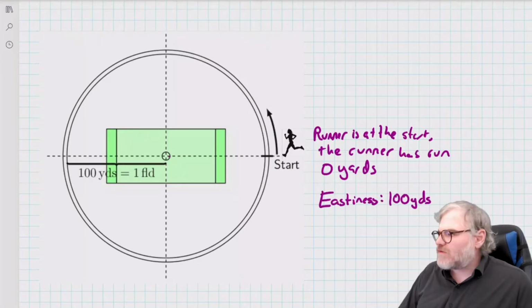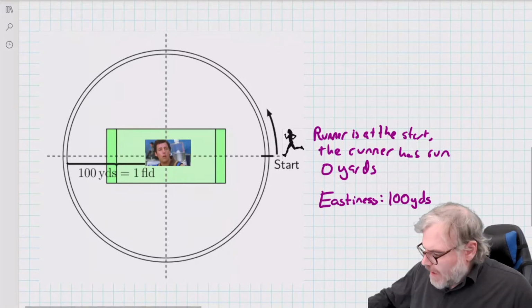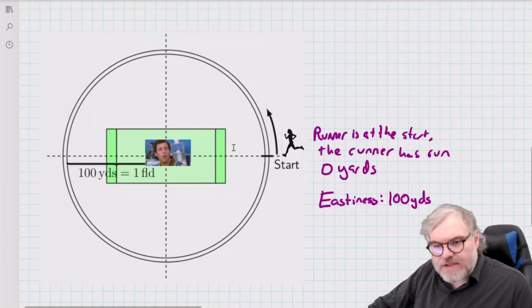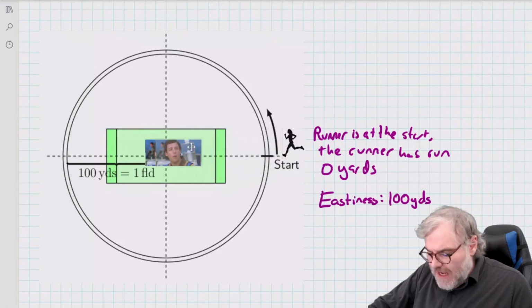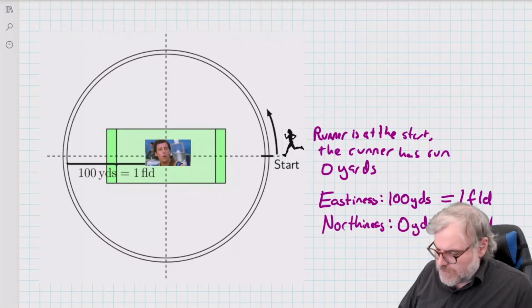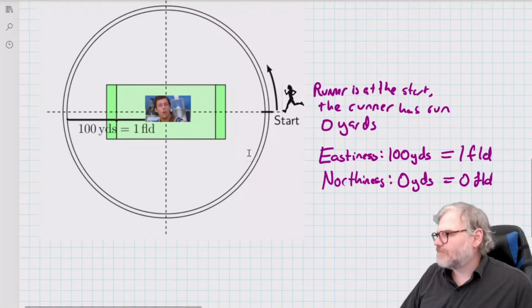Well, the water boy is just going to go east. The water boy does not need to go any north. He just goes straight east. So right now the water boy is going to go 100 yards east and no north. And that's one field and 0 fields. Because remember, one field is 100 yards.